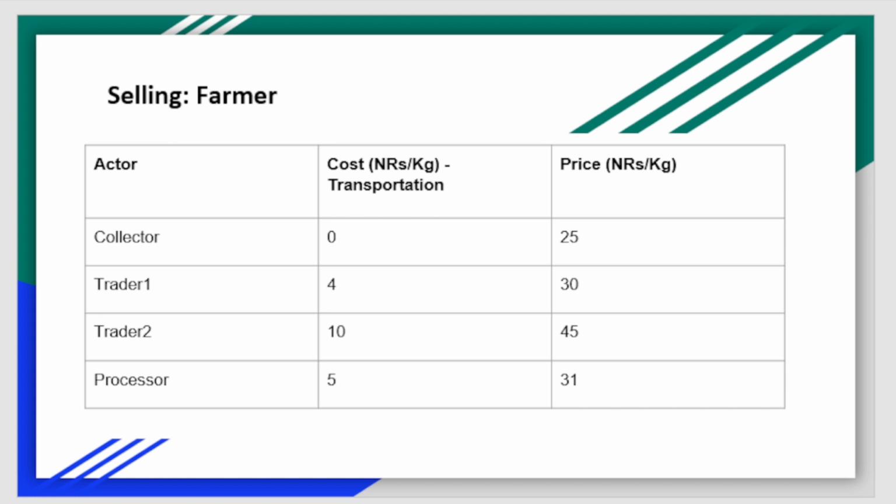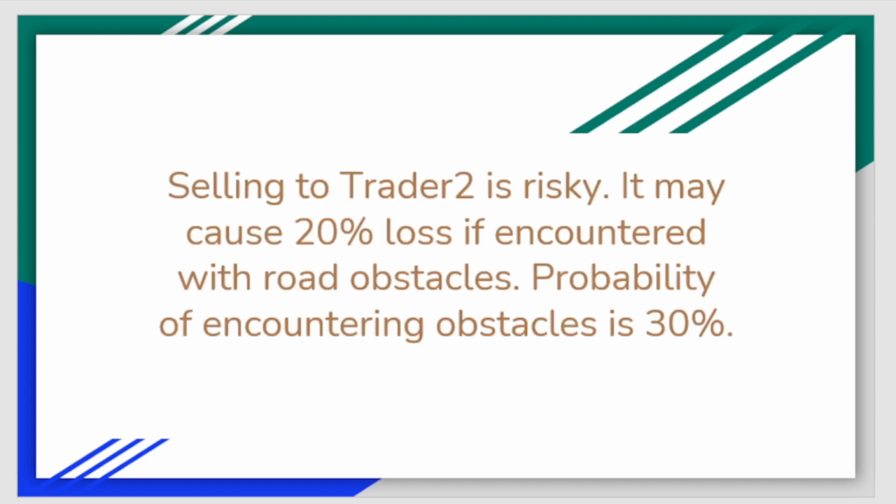Okay, but the condition is that if you want to sell to trader 2, it is the longest distance, and you may encounter some sort of obstacles. Maybe there are some political riots or natural calamities or landslides or whatever. There is a risk. Okay, and if you encounter that risk factor, then you will lose 20% of your wheat.